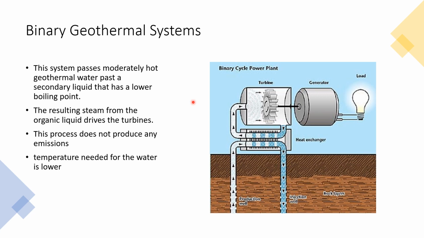Alright, so another system is your binary geothermal system. Here in this system, we use hot water, same thing, hot geothermal water. But then we have a secondary liquid that goes with it. That secondary liquid has a lower boiling point than our primary hot water from the ground.